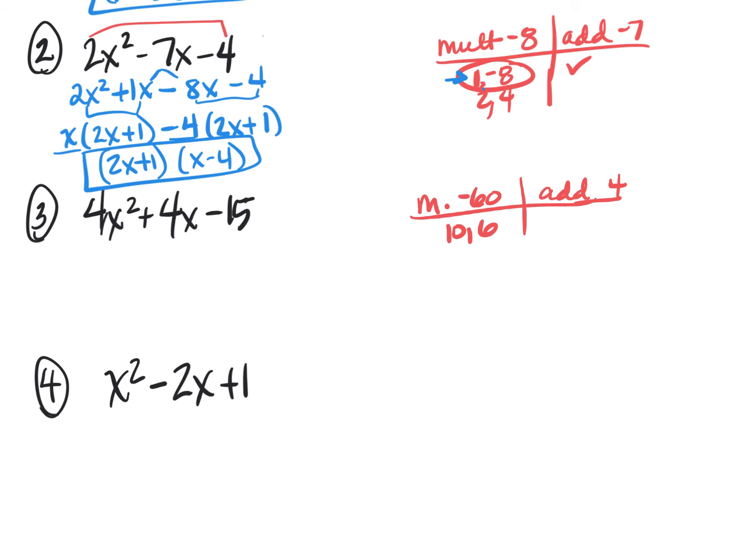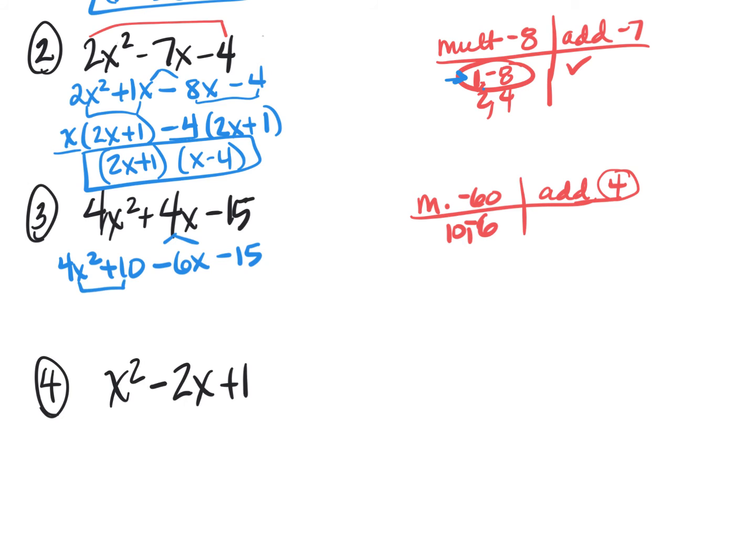I do know it's negative, so one of them has to be negative, one has to be positive. How do I know which one? Well, I want the bigger number to be positive because that middle term is positive. So it's going to be negative 6. So I'm going to bust up that 4. And so I'll have 4x squared, plus 10x minus 6x minus 15.